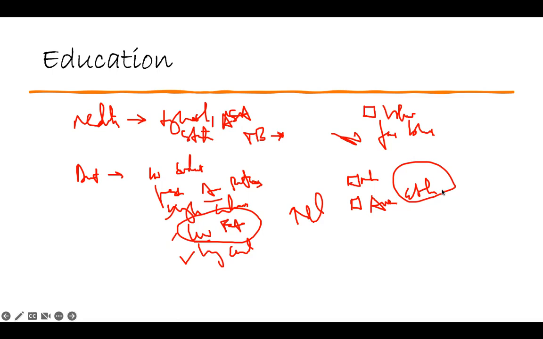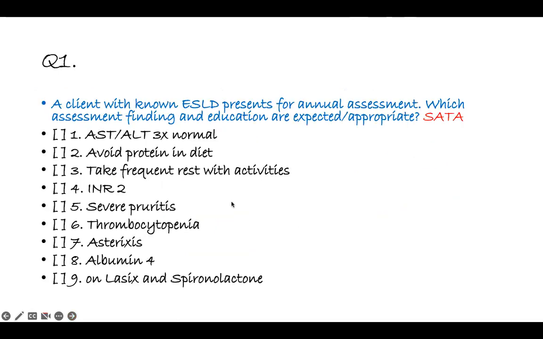And so this is all about the liver. There are so many questions they can ask you: education questions, teaching questions, treatment questions, what you expect. This is a client with known end stage liver disease present for annual assessment.